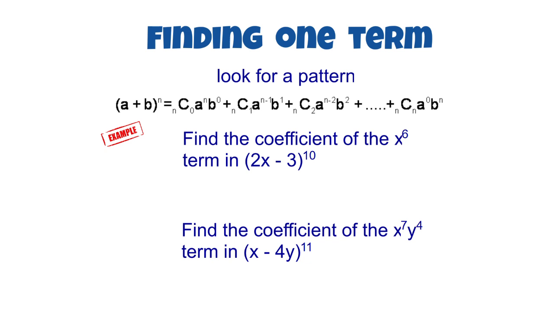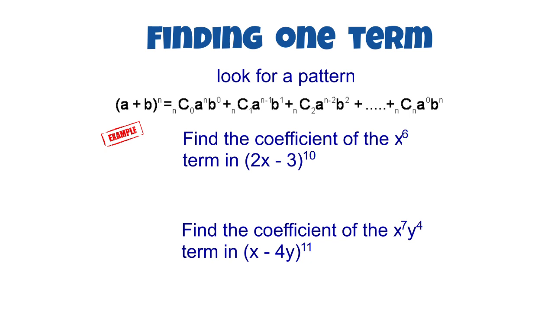It says find the coefficient of the x to the 6th term in this. Now, this is a little tricky to pull off because I can't flip back to the slides easily when I'm making a video. So you have to look back at some of those previous ones.